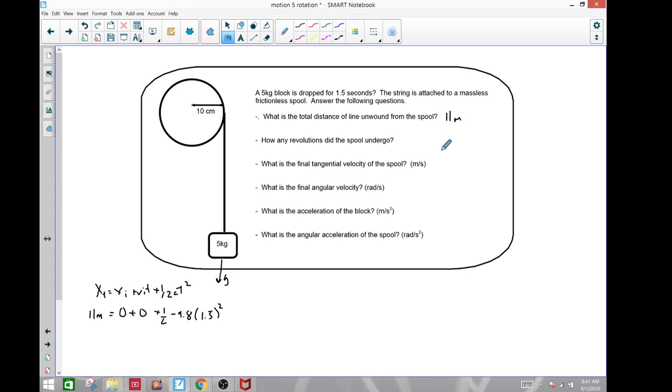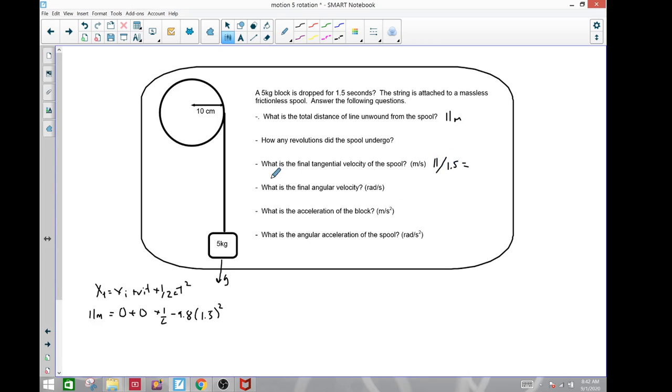11 meters. How many revolutions do we undergo? What's the final tangential speed of this thing? All right, so if I were to go 11 divided by 1.5, this would actually be our average velocity, and we don't really want that.